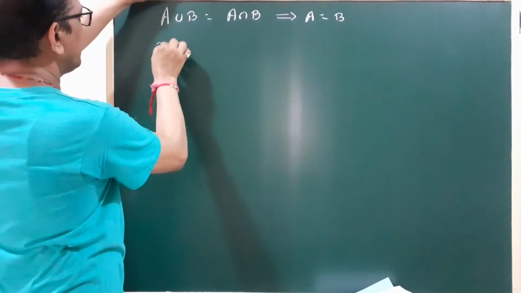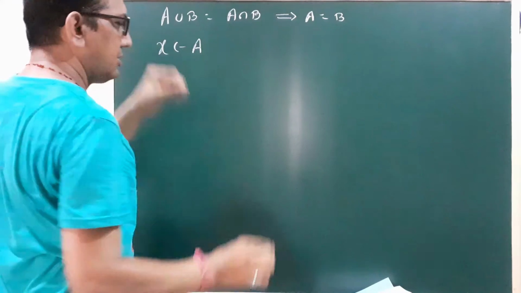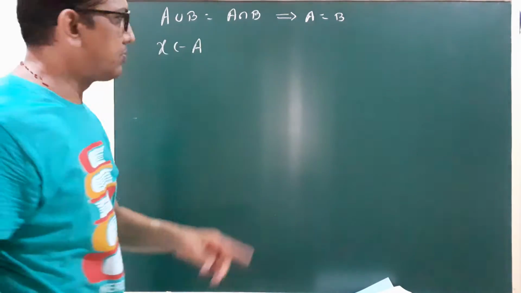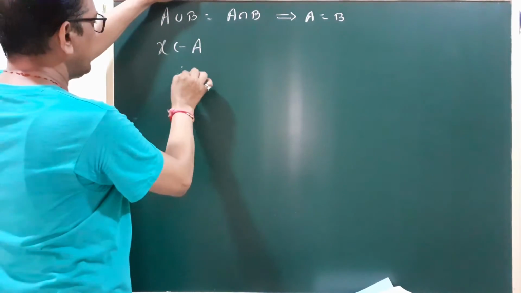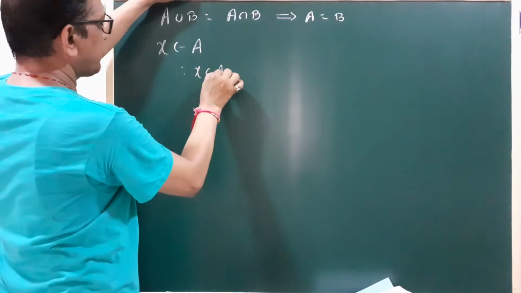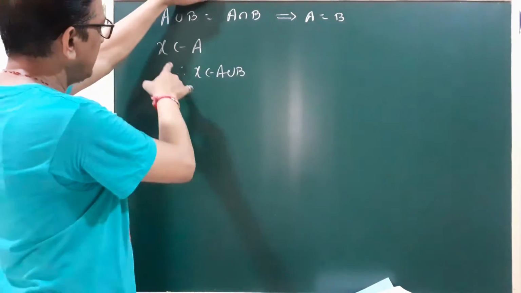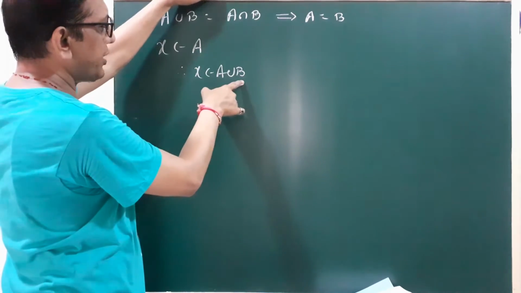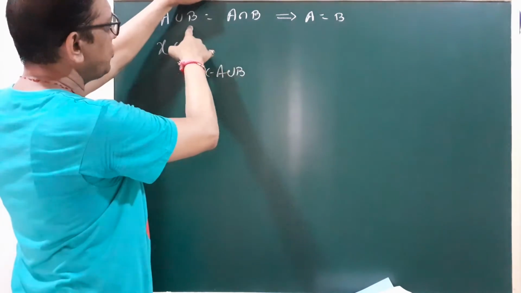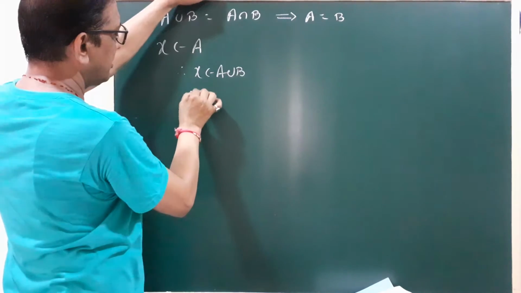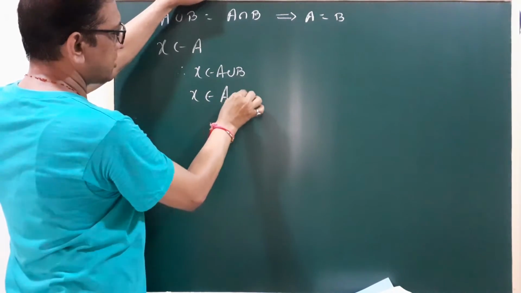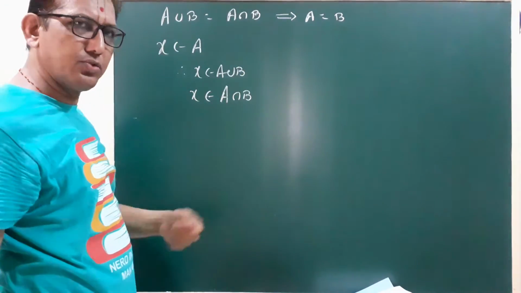First we suppose X belongs to A. Therefore, by the definition of union, X belongs to A union B. But in our data, union and intersection are both equal, so X belongs to A intersection B also.